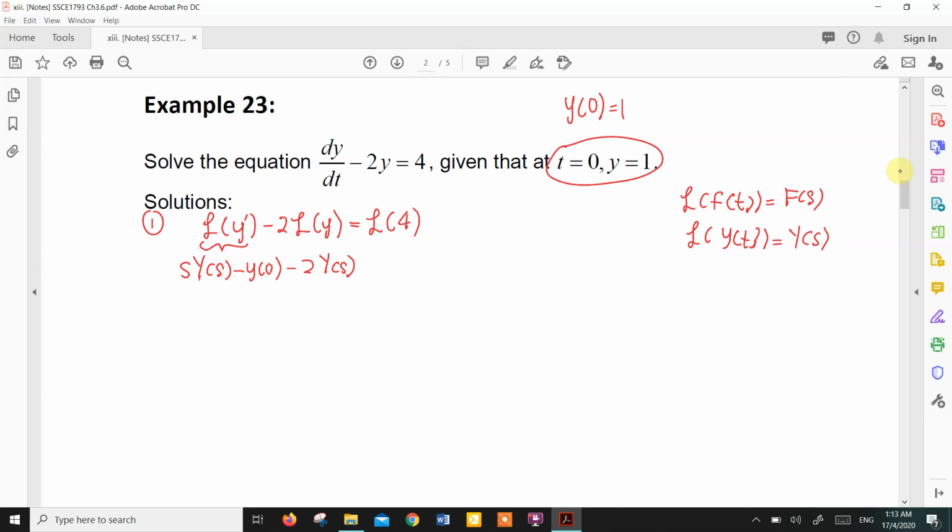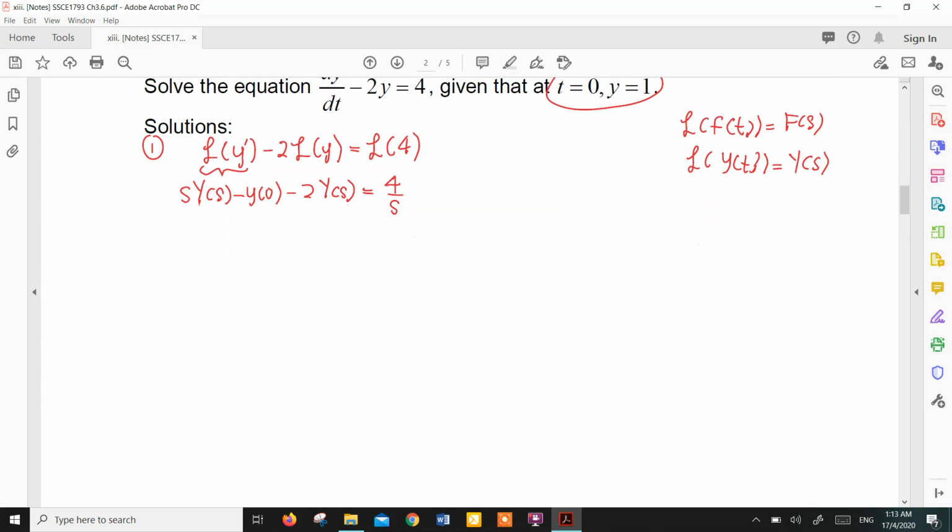Now it equals the Laplace of 4, which is 4 over s. This 4 over s I get from the table: the Laplace transform of a constant is the constant over s. That is the first step.